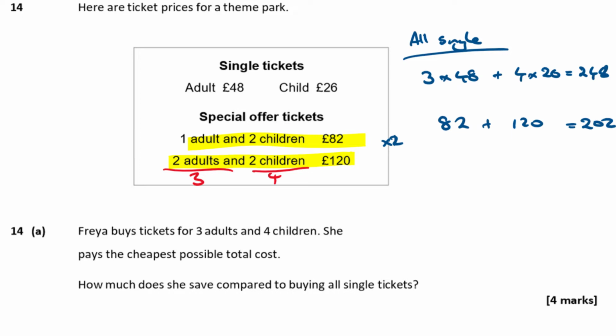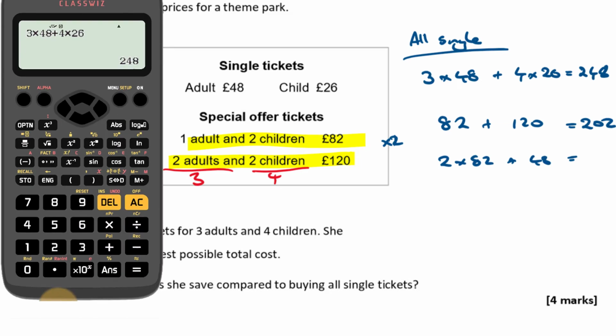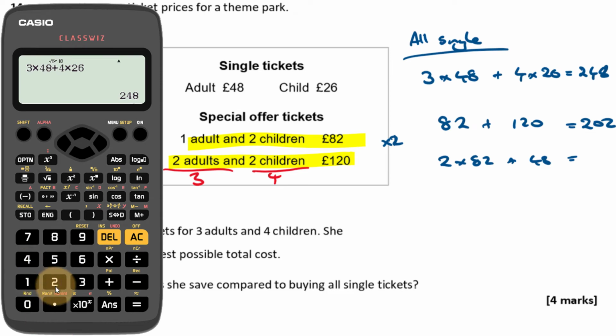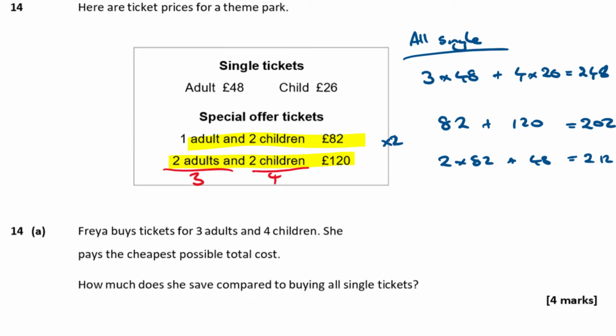Okay, so it could be 2 lots of 82 plus the 48. Just going to double check that doesn't come out to be any cheaper than doing it the other way. 2 lots of 82 plus 48 comes out to be 212. No, that doesn't. Okay, so that didn't come out cheaper. So the cheapest way is doing those 2 deals together.